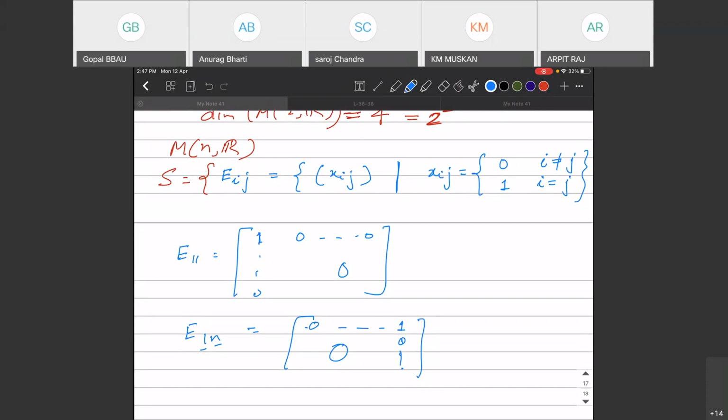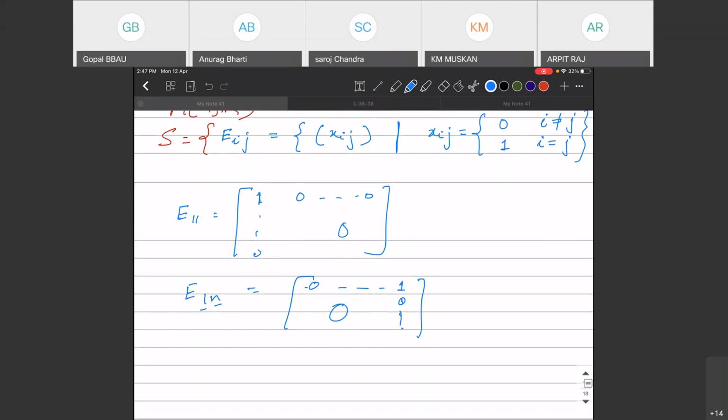Okay, so how many entries are in a matrix of order n cross n? So there are total how many entries in a matrix? एक मैट्रिक्स में n square हाँ. So this means the number of elements in S is n square.